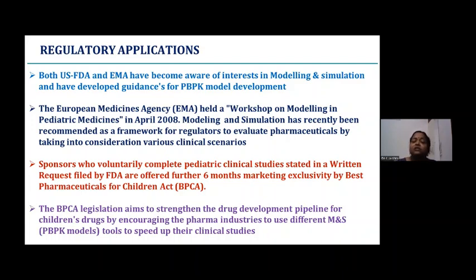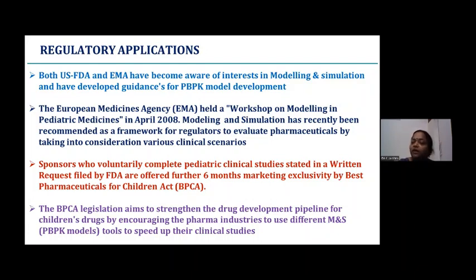So sponsors who voluntarily complete pediatric clinical studies stated in the written request filed by FDA are offered a further 6 months of exclusivity. They give marketing exclusivity of 6 months by means of the Best Pharmaceuticals for Children Act. So they are actually planning to strengthen the drug development pipeline for children's drugs by encouraging the pharma industry to adopt these modeling and simulation tools to speed up their clinical studies as well.